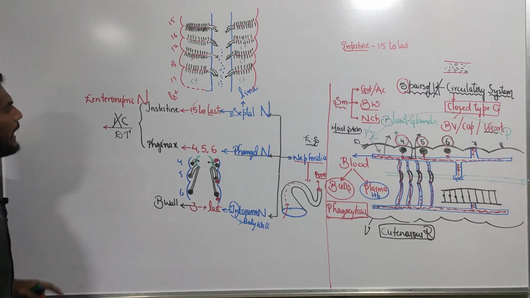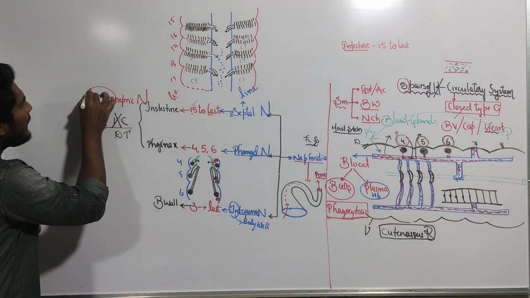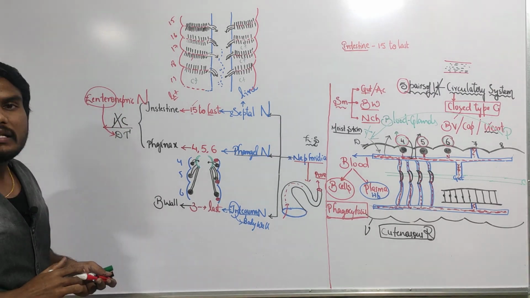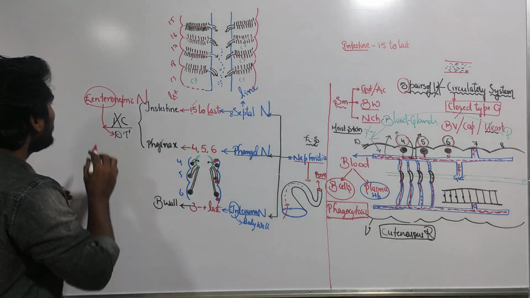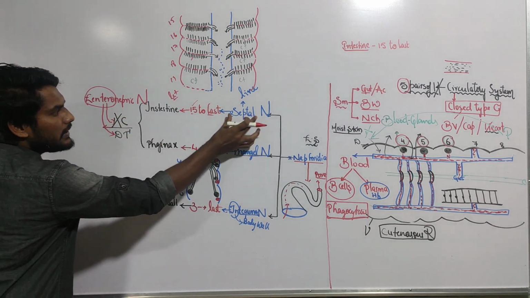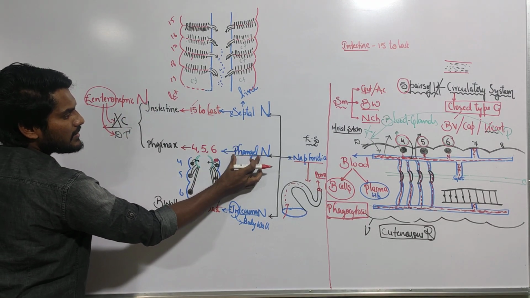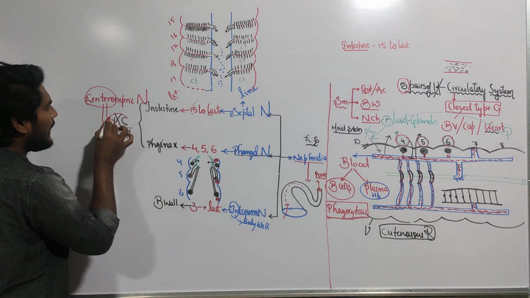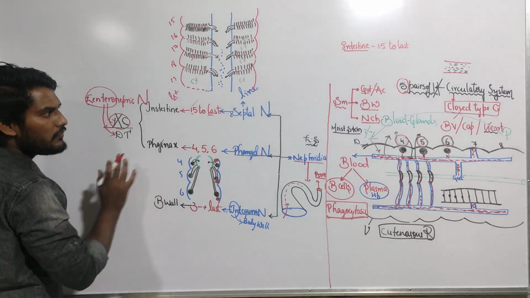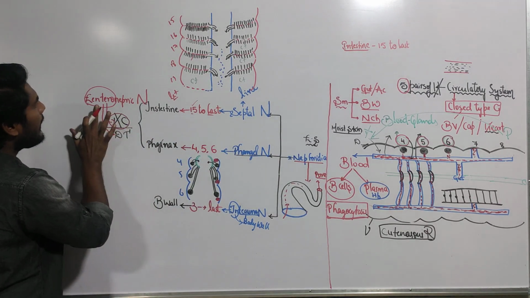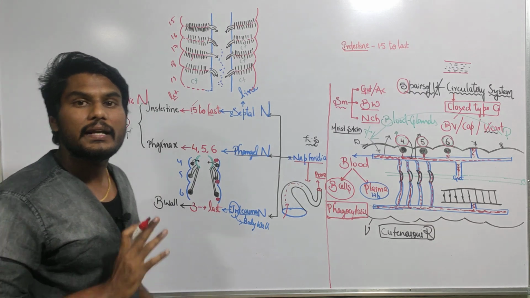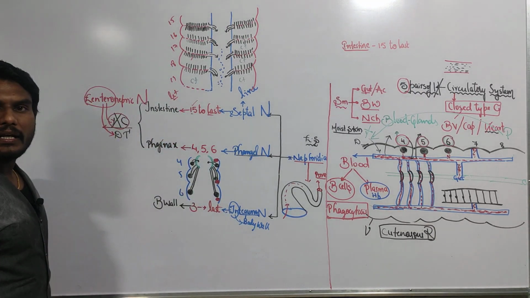Entero means intestine or digestive tube, alimentary canal we can say. So the septal nephridia and pharyngeal nephridia are releasing the waste into the alimentary canal. Because of that only these two are enteronephric nephridia. Now come to integumentary nephridia.